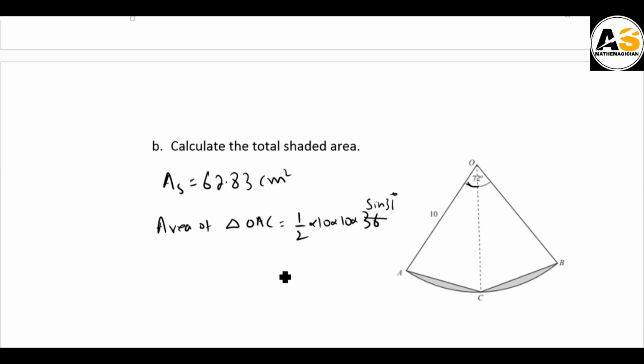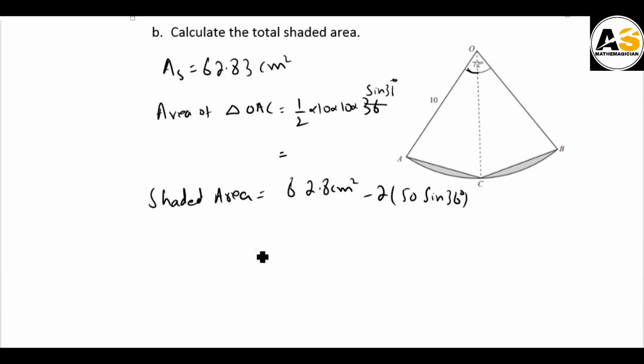With the help of calculator, you can calculate this area. Now the shaded area will be area of the sector 62.83 centimeter square minus 2 times this area, 50 into sine 36.